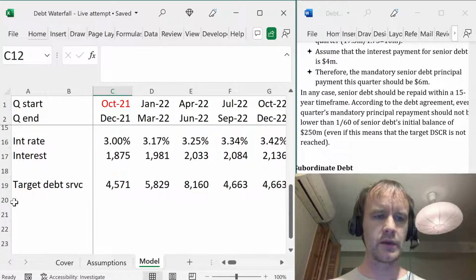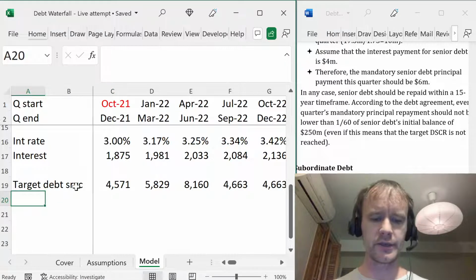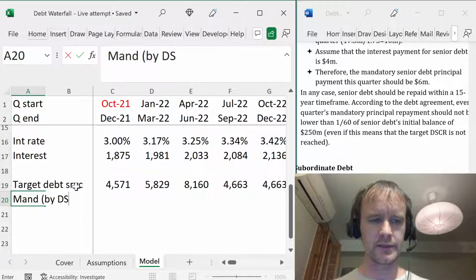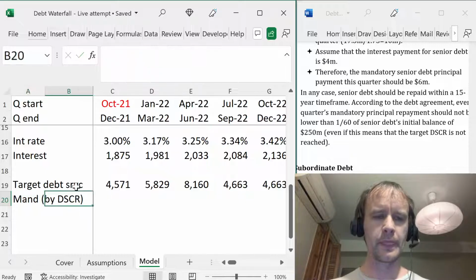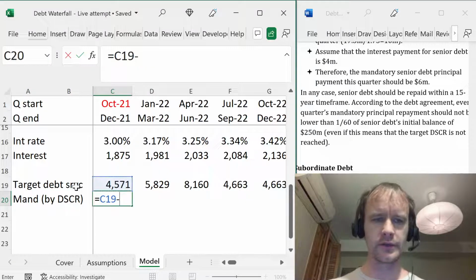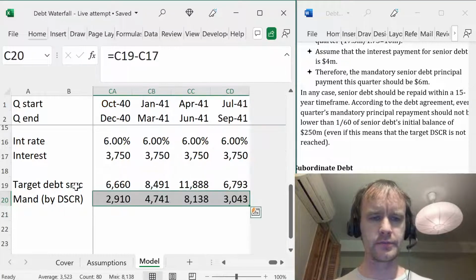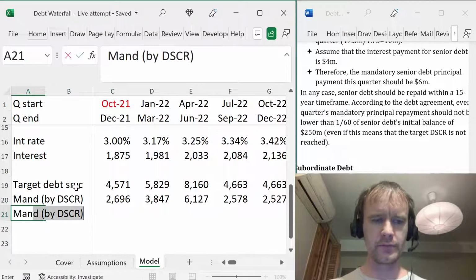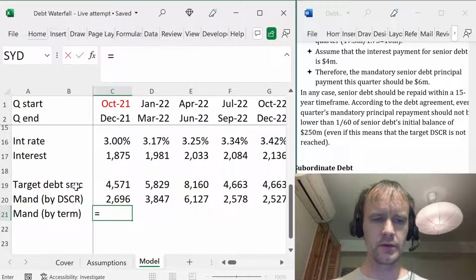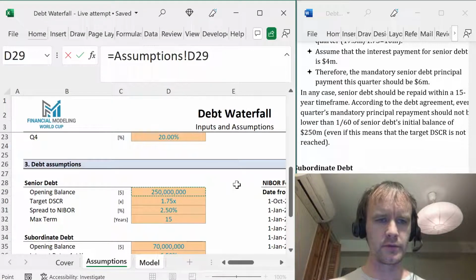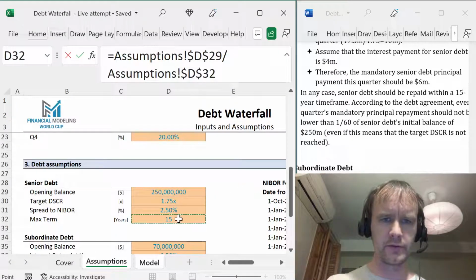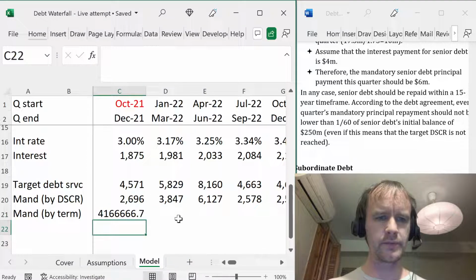So, all right, let's just say mandatory by DSCR. That's going to be target debt service minus the interest. And then we're going to have mandatory by term, which is going to be the initial balance divided by the number of years divided by 4, because we want a quarterly amount.